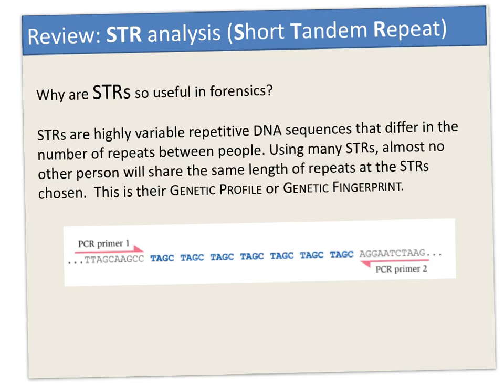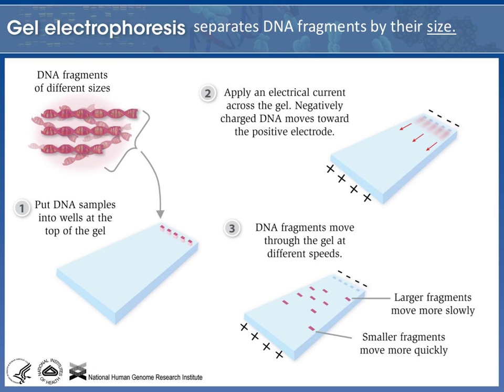They use about 16 or 17 or more now. Almost no other person will share the same length of the repeats at each of those specific sites. And then to separate the short tandem repeats, whether they're 2 repeats or 5 repeats or 7 repeats, you use something called gel electrophoresis.